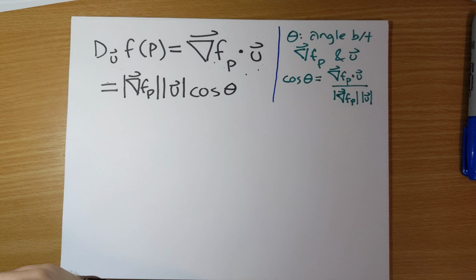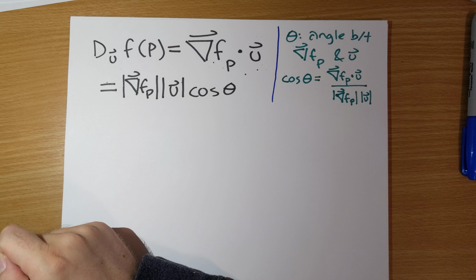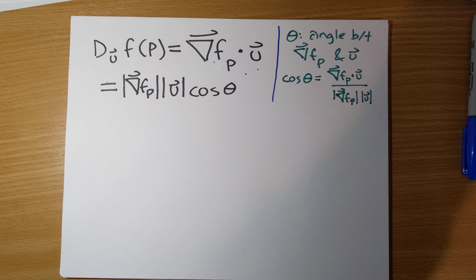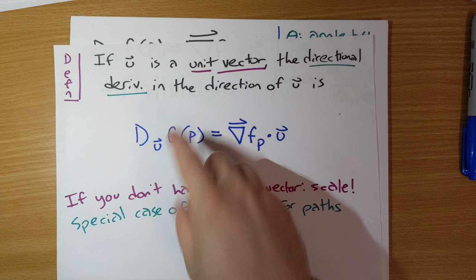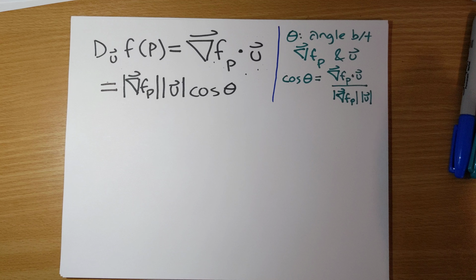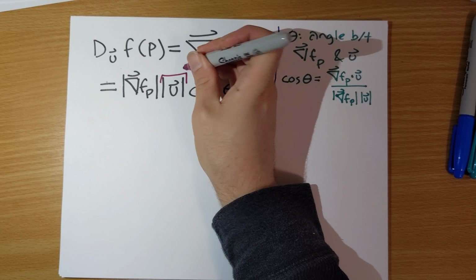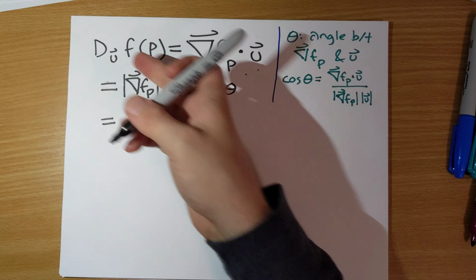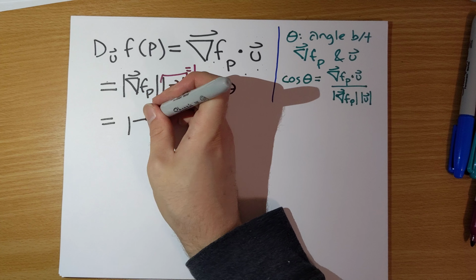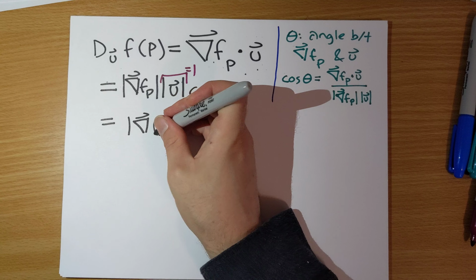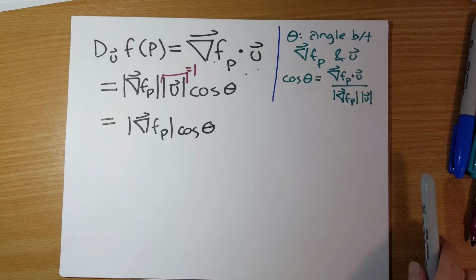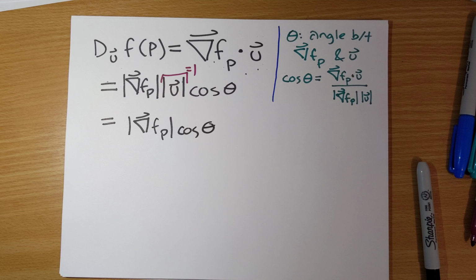Now, of these three things here, one of them we know exactly what it's equal to: the length of u. What's the length of u equal to? u is a unit vector by assumption, and so this equals 1. And so an even simpler way to write the directional derivative is the magnitude of the gradient of f evaluated at p times cosine theta, where once again theta is the angle between the gradient itself and our vector u.